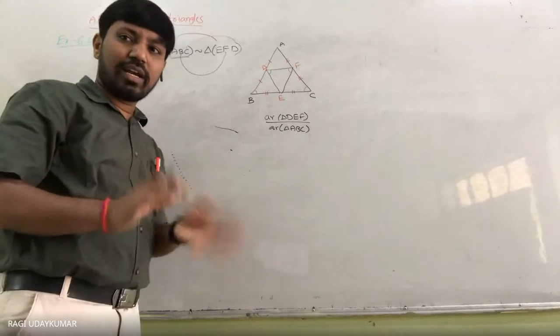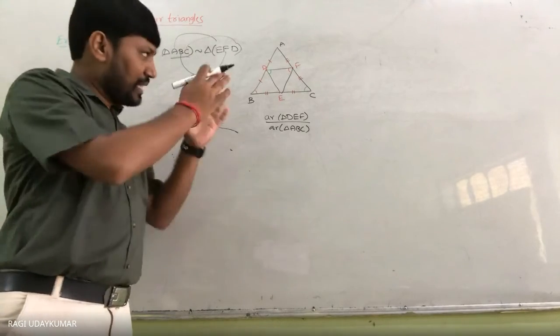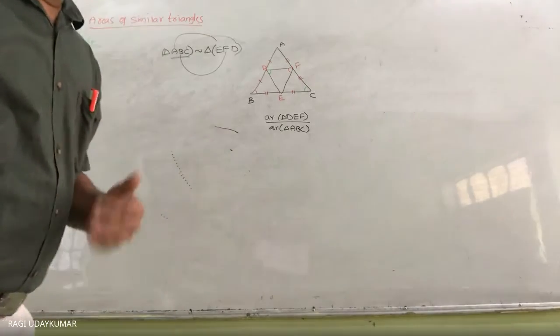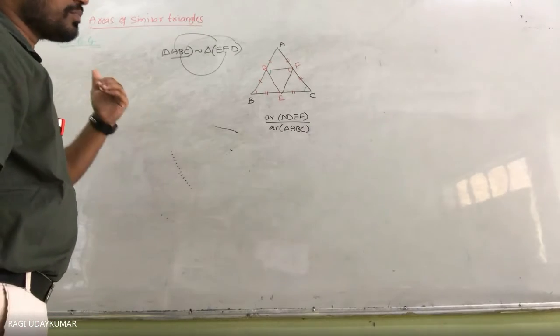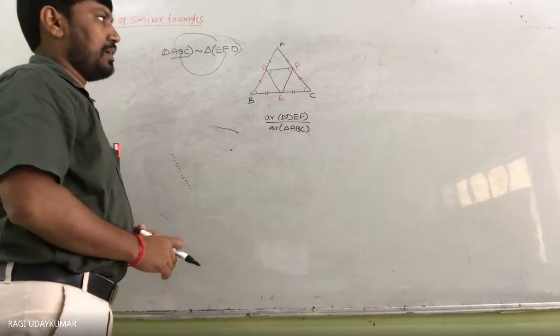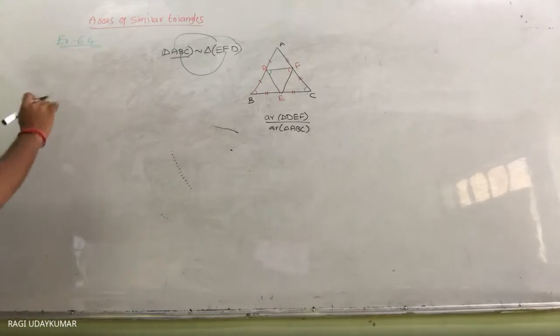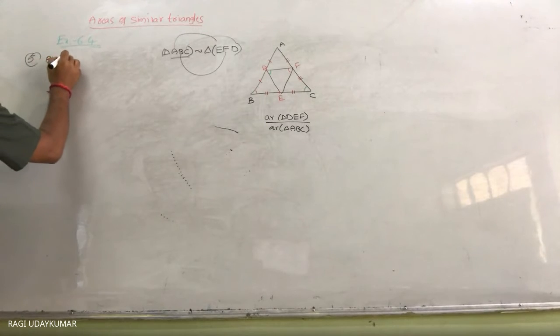The problem is easy when you are analyzing, and now mostly you got the solution. So step by step, I'm going to write whatever I told you. So what you have to do here? First you have to mention that by the midpoint theorem, what is given, let us write.